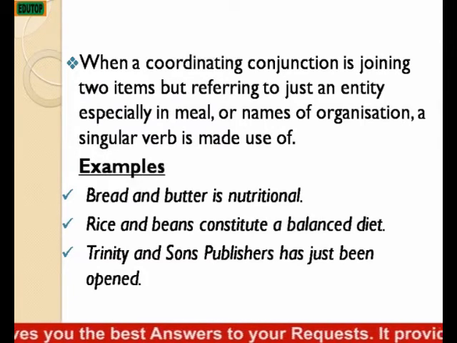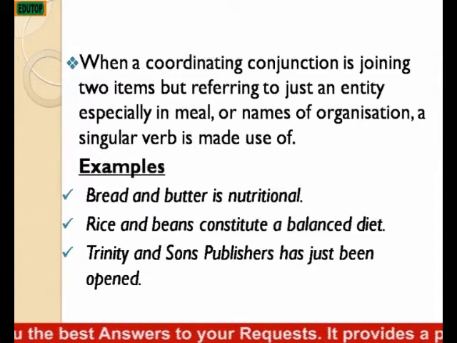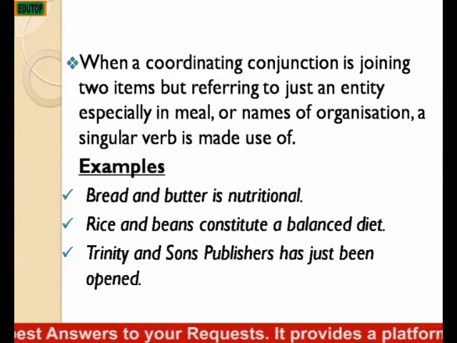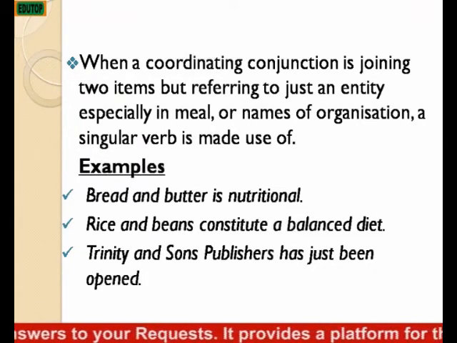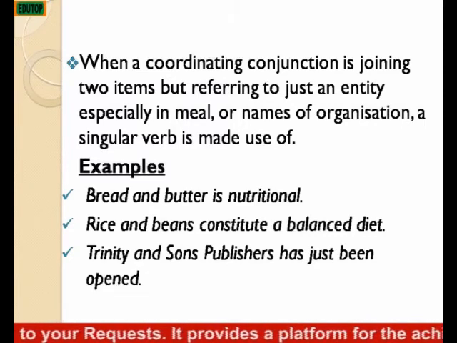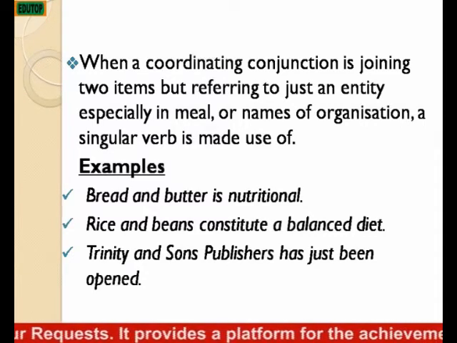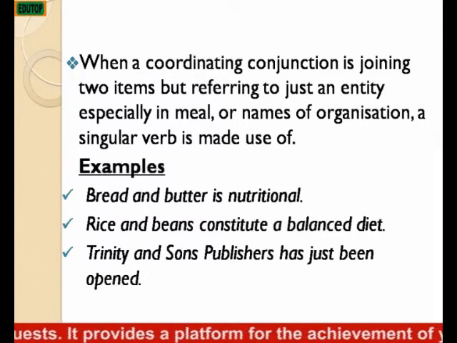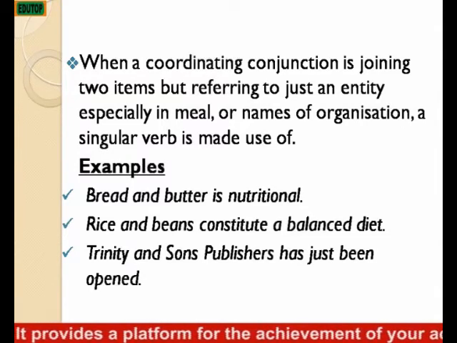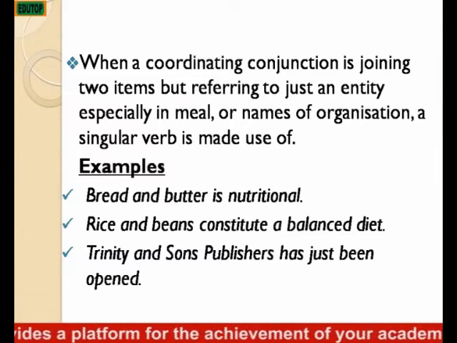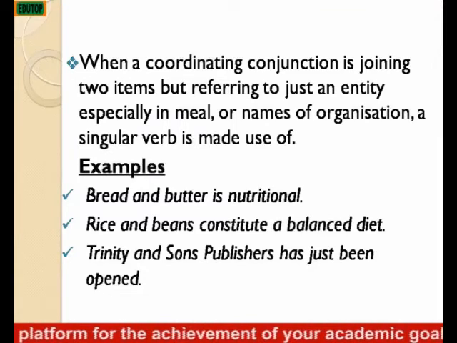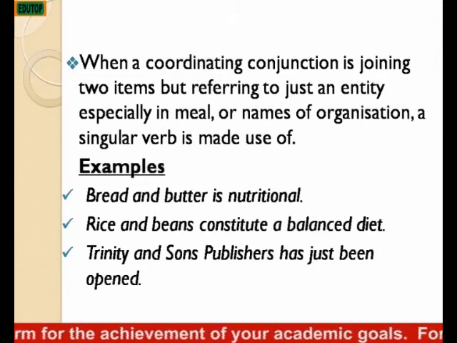Examples: bread and butter is nutritional. Bread and butter in this sense is referring to just an entity, so we make use of a singular verb. Rice and beans constitutes a balanced diet. Rice and beans refers to an entity, and so we use "constitutes".